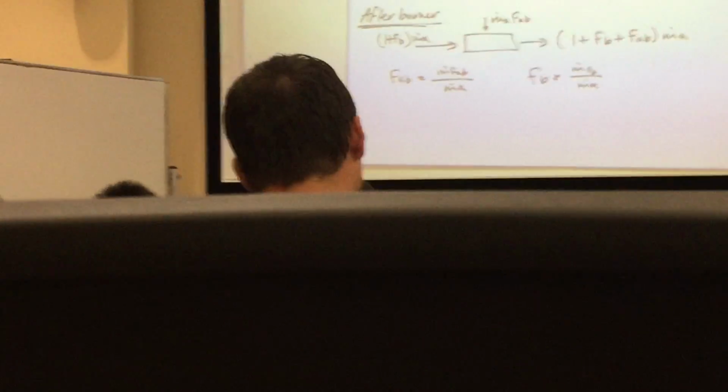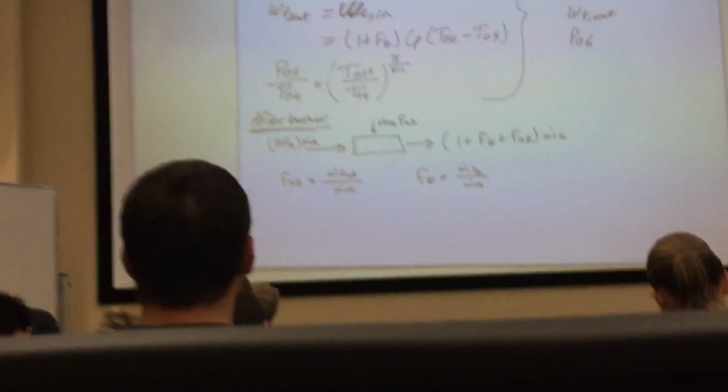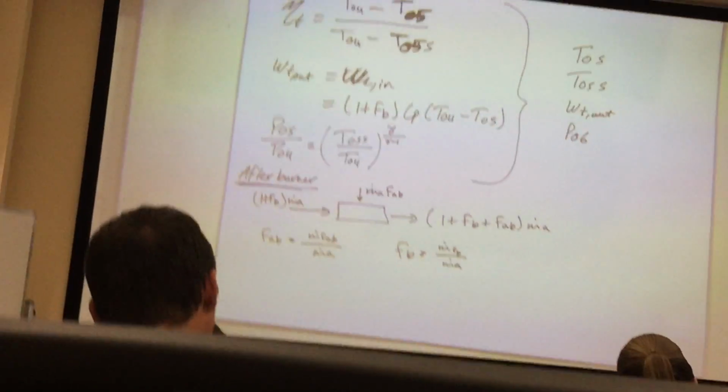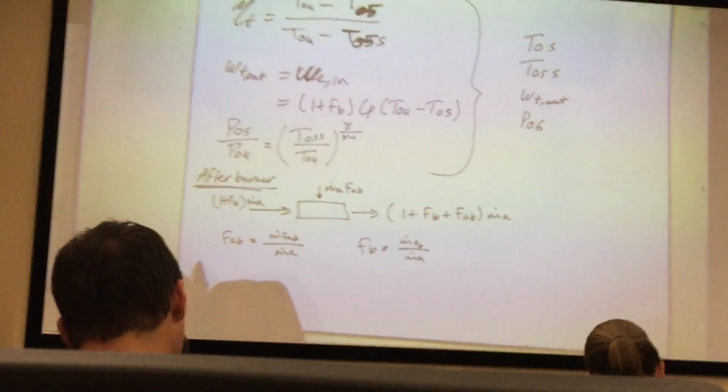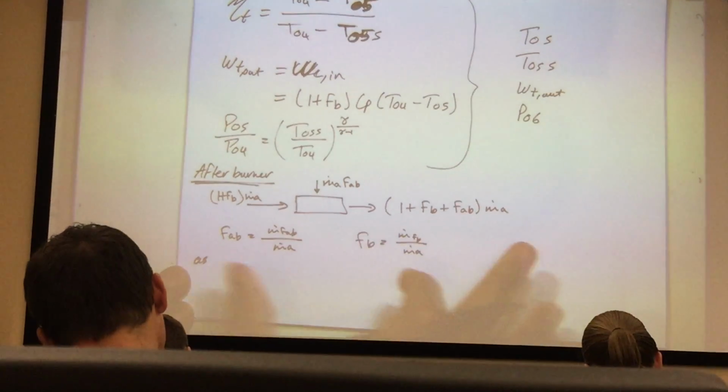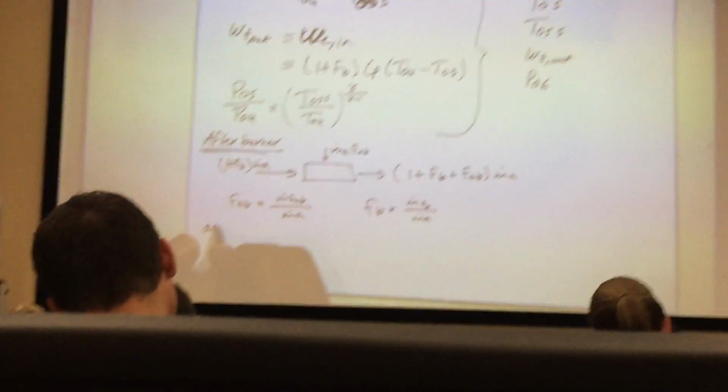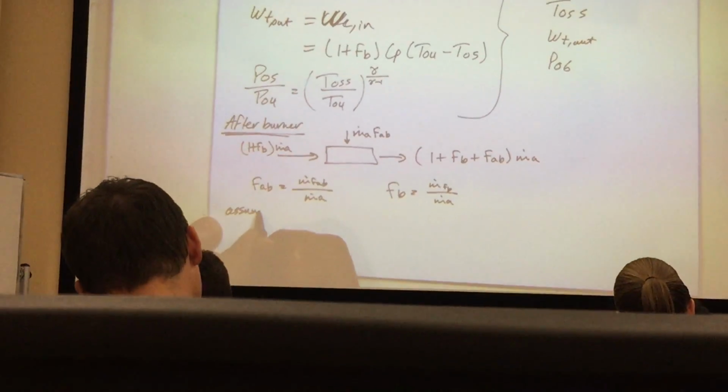So, assuming that you have complete combustion, which means the efficiency is 100%, I'm not considering it here. So I'm assuming efficiency of 100%. It's not the real situation, but I want to deduce the equation so you see it cleanly without the efficiency. What do I have?